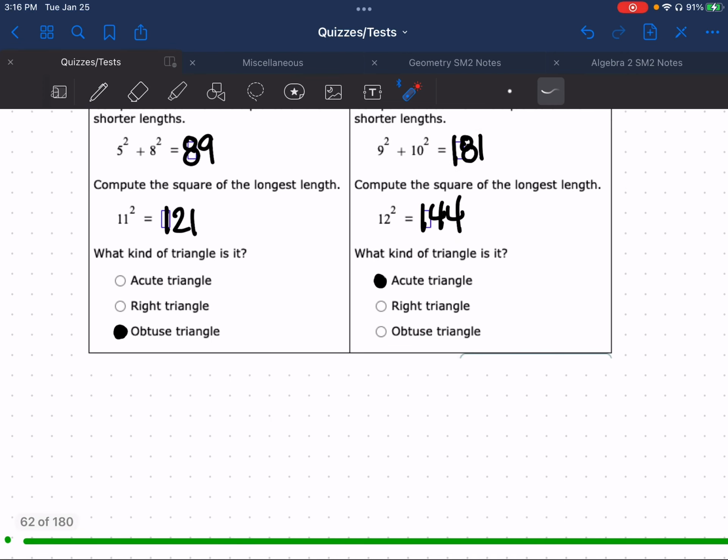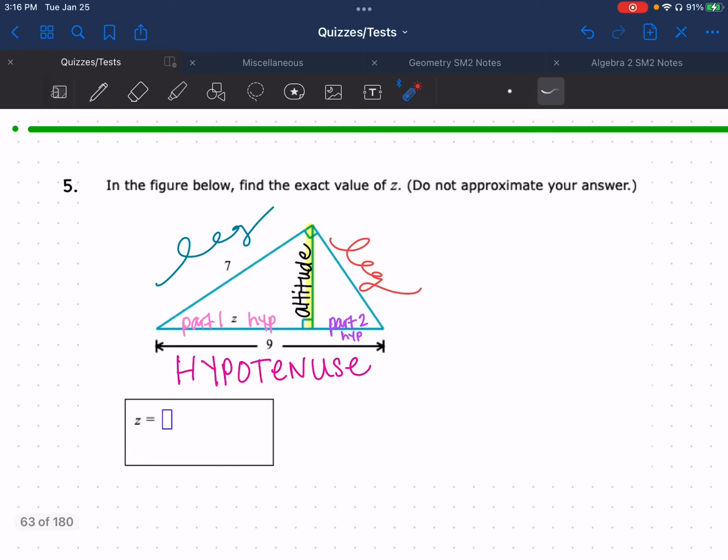All right. Last question is going to be from 5.2. This is the one where you have to use the geometric mean. You're going to use your foldable to help you decide which proportion you are going to use. Go ahead and make sure you take a look at this altitude right here. If it is labeled with a number or a letter, then you need to use the one that says altitude and altitude.